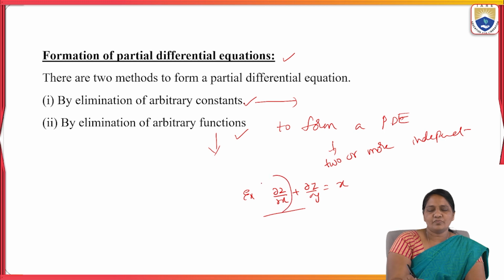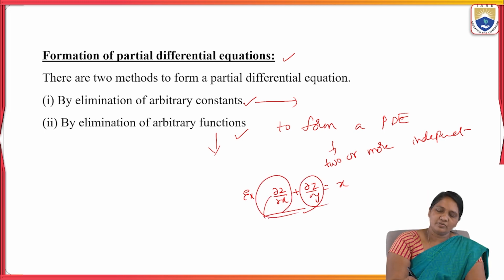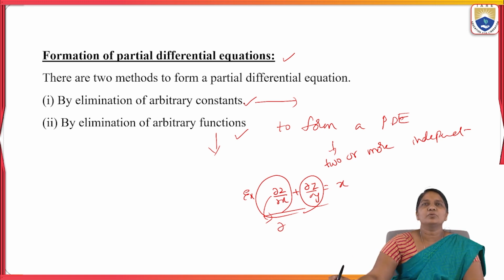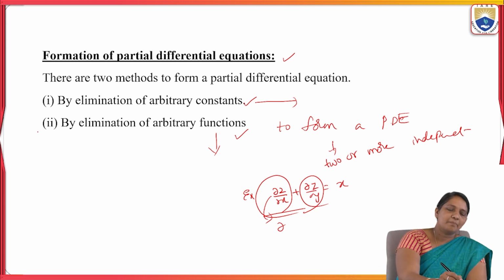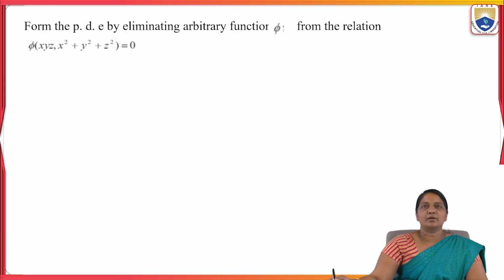We should have partial differentiation in the equation, so here we denote it with dou. So how do we form this partial differential equation by eliminating arbitrary functions? We are going to see in these examples.